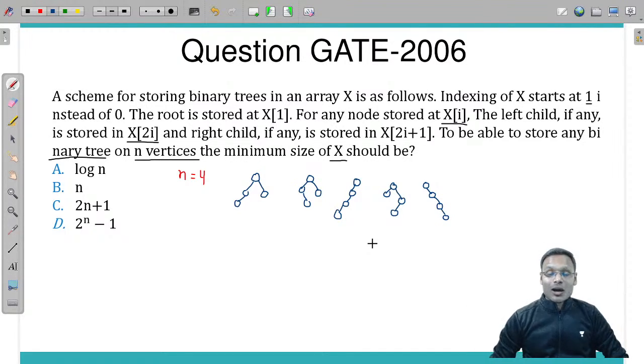So what I will do is check the worst case. Among all the trees, I will check what the worst case is, and this is the worst case.